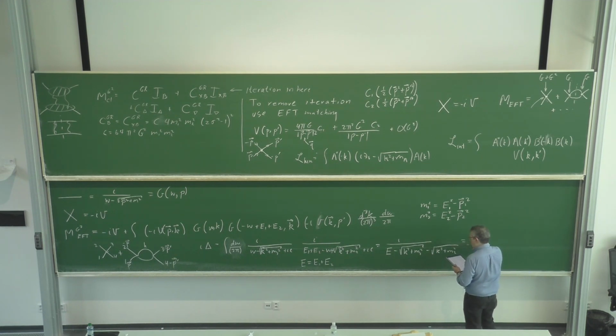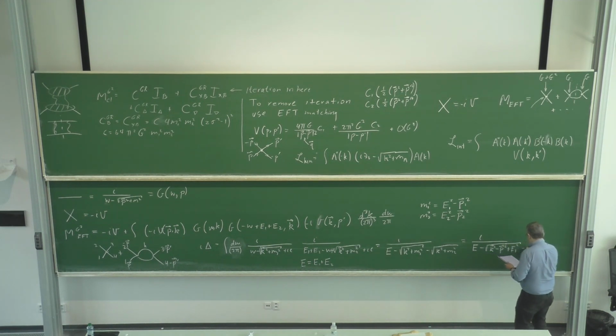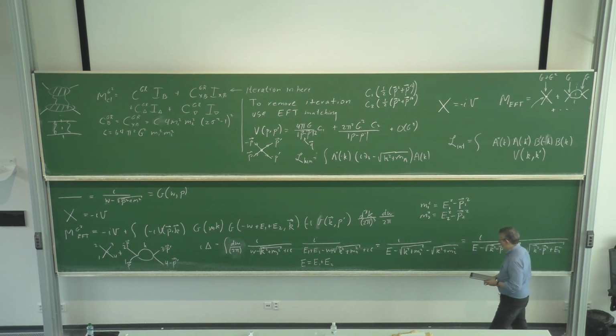So this is then equal to i over E, where E is the sum of the energies, minus the square root of k squared minus p squared plus E1 squared, minus the square root of k squared minus p squared plus E2 squared. Okay? And then there's a little observation. This minus that.